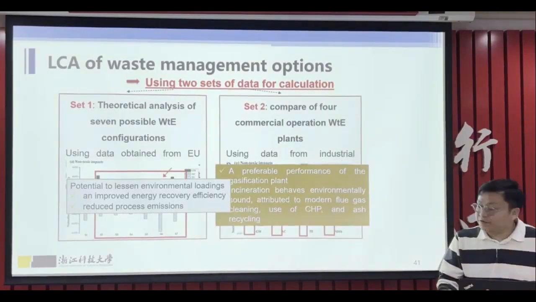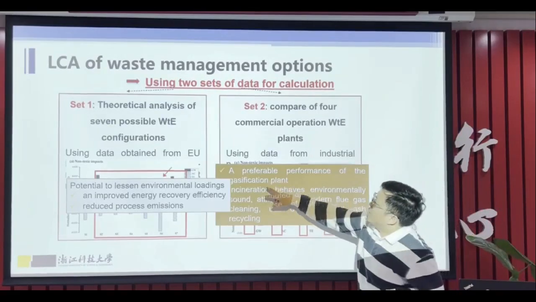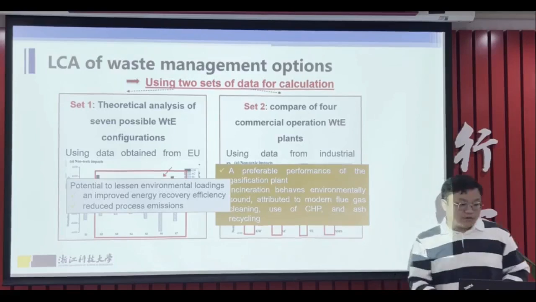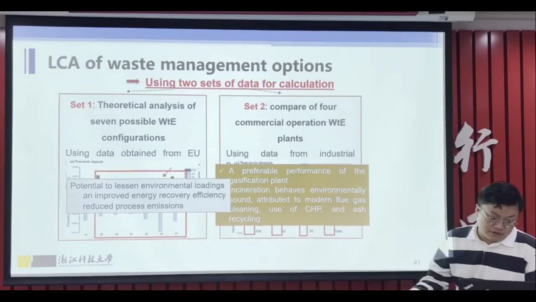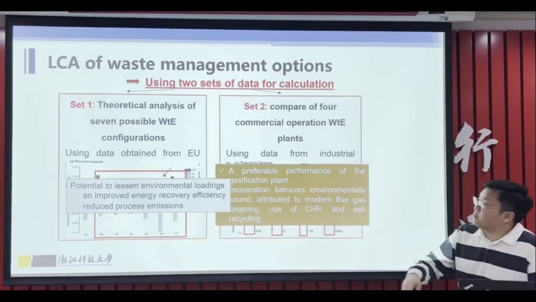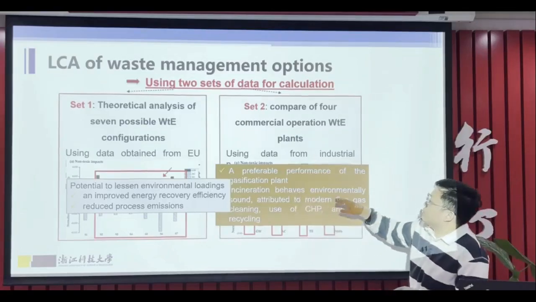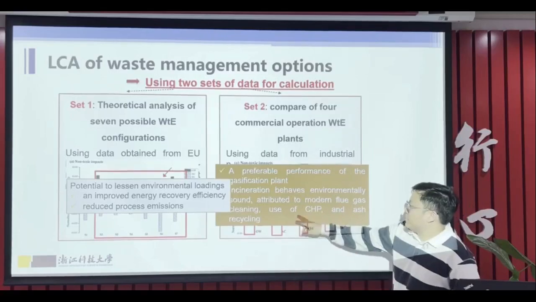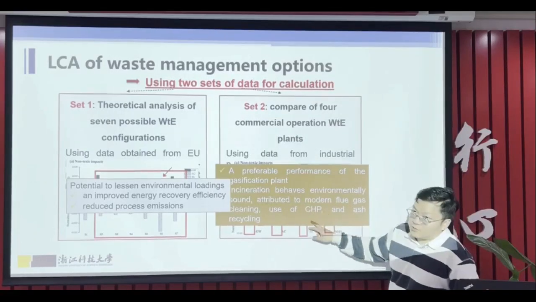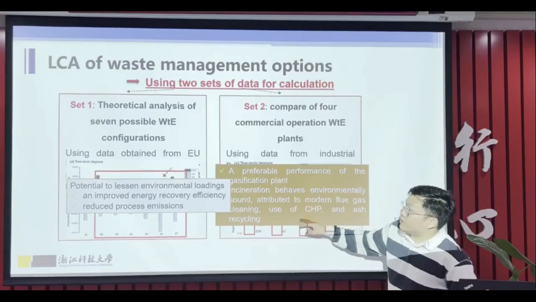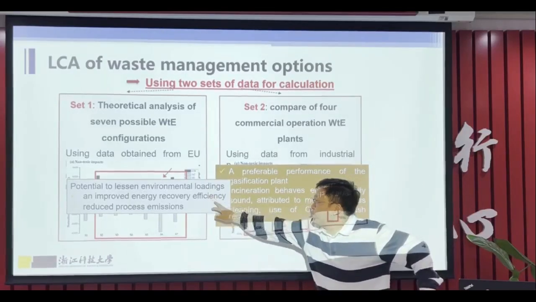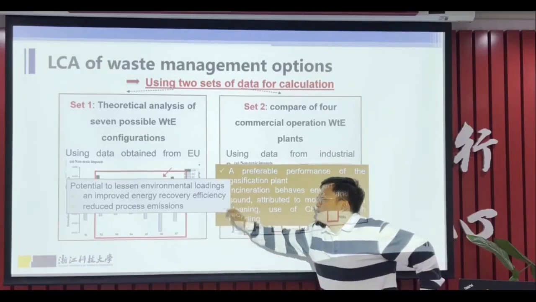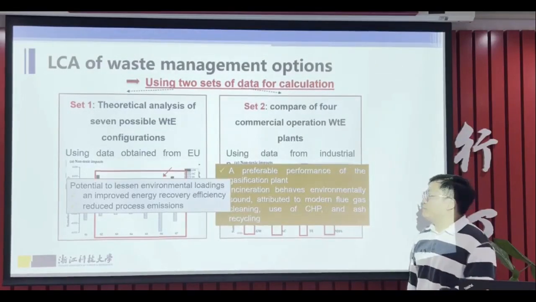And the results reveal that a preferable performance of the gasification plant is observed, and the incineration also behaves in an environmentally sound way, attributed to modern flue gas cleaning and, for example, CHP to increase the energy recovery efficiency, and ash recycling to also increase the energy recovery efficiency.